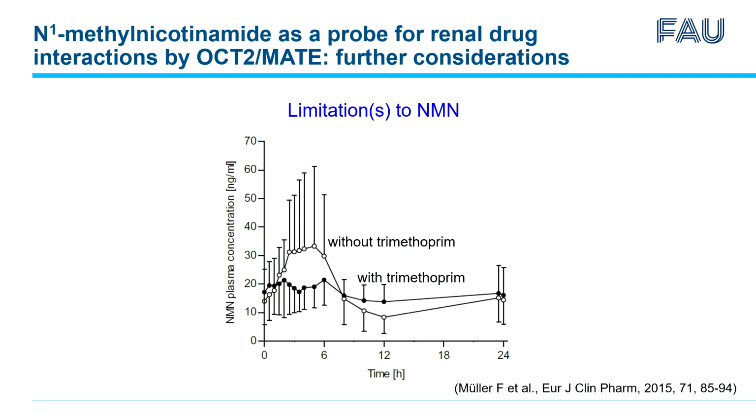I'm not 100% sure about the mechanisms underlying both the circadian rhythm and this abolishment of the rhythm by OCT2 MATE inhibition, but for sure we can say that we have to be really careful in the time points when we are sampling plasma samples and calculating renal clearance, or if we want to use just a single time point for predicting the DDI in plasma. So that's a challenging thing, and for sure we need to know for each of the discussed biomarkers whether there is a circadian rhythm or not.